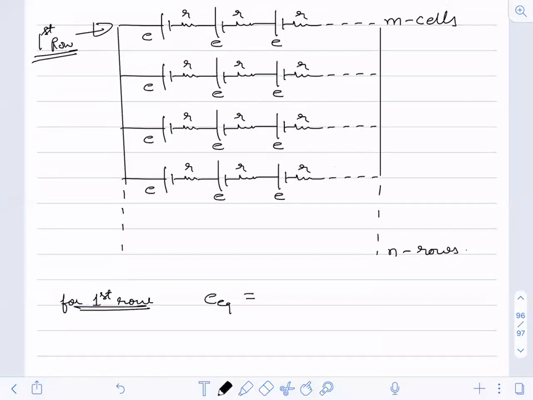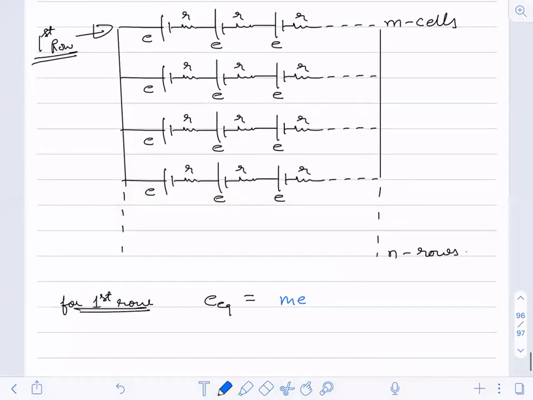I'm asking EMF, not resistance. There are M cells like that. I have only drawn 3. ME is the correct answer. ME, because M number of cells are connected, so the total EMF is M into E.